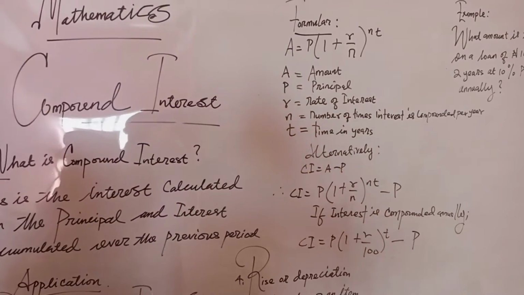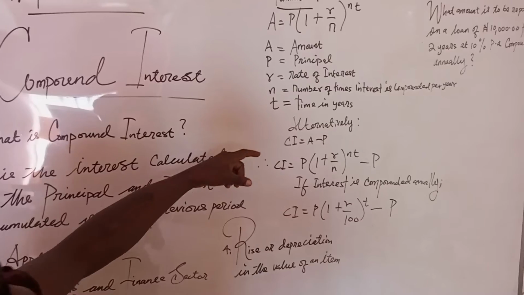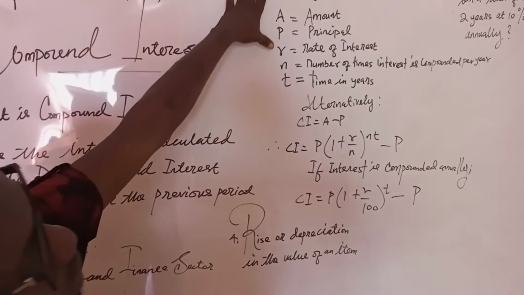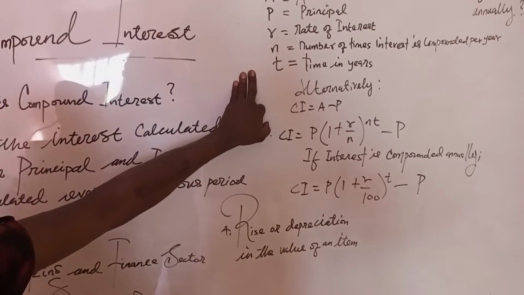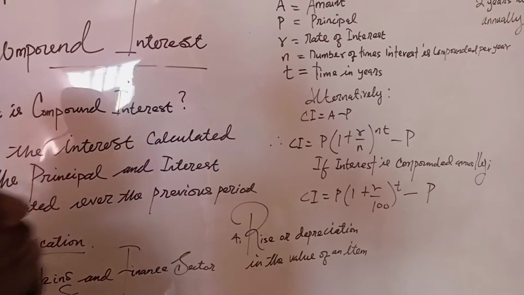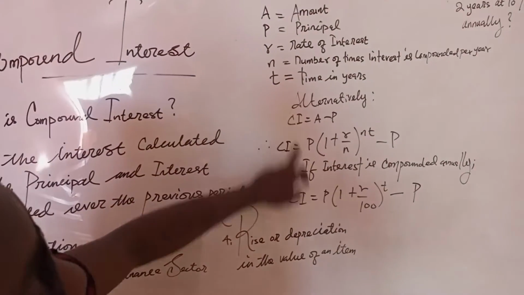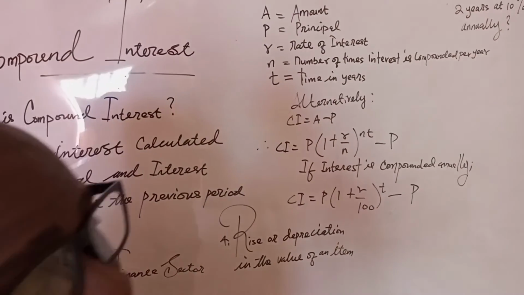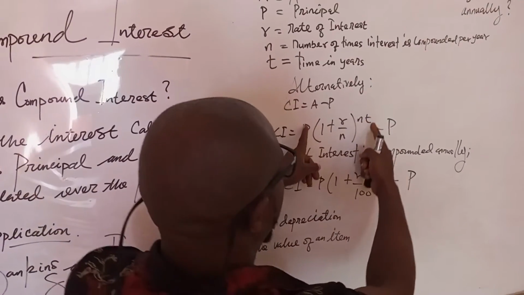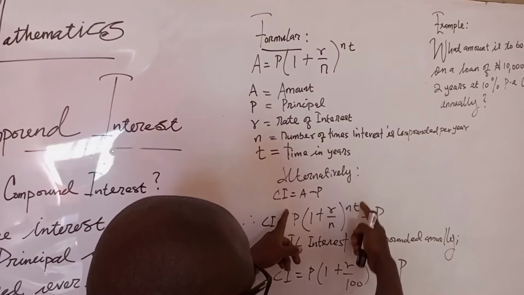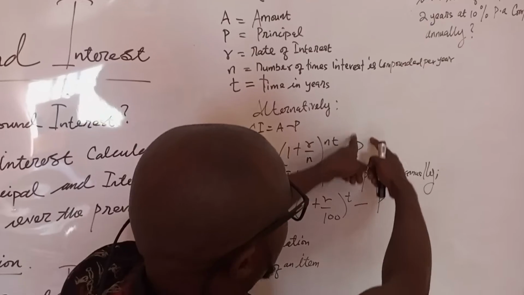Alternatively, the most authentic formula: in this formula there is no compound interest. So what you get is the amount, then you subtract the principal to get your compound interest. The compound interest is the amount minus the principal.